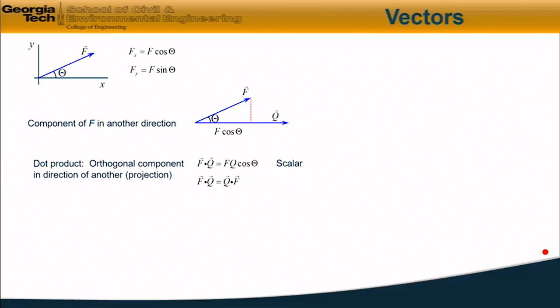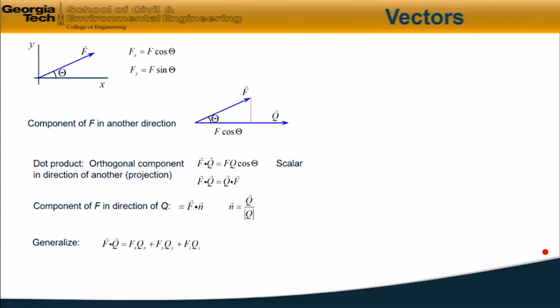And we note that this is reversible, that f dot q is equal to q dot f. So if we want to get the component of the force F in an arbitrary direction q, we can do this by taking the dot product of the vector f with n, where n is the unit vector in the direction of q, which is given as the vector q divided by the magnitude of q.